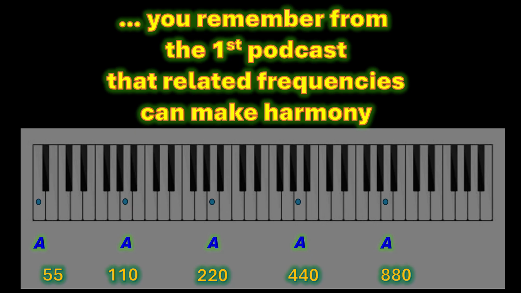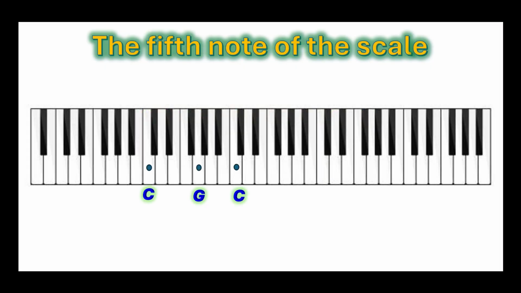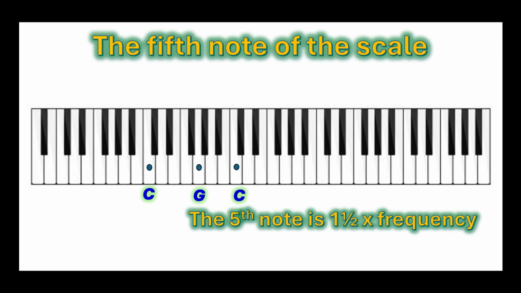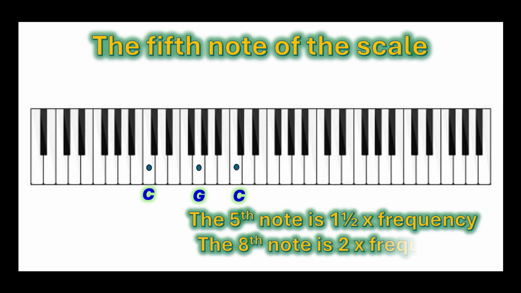In a diatonic scale, the fifth note above do is always, whatever the do is, 1.5 times the frequency of the do. For instance, the frequency of C is 262. The frequency of the fifth note above it, G, is 1.5 times that.